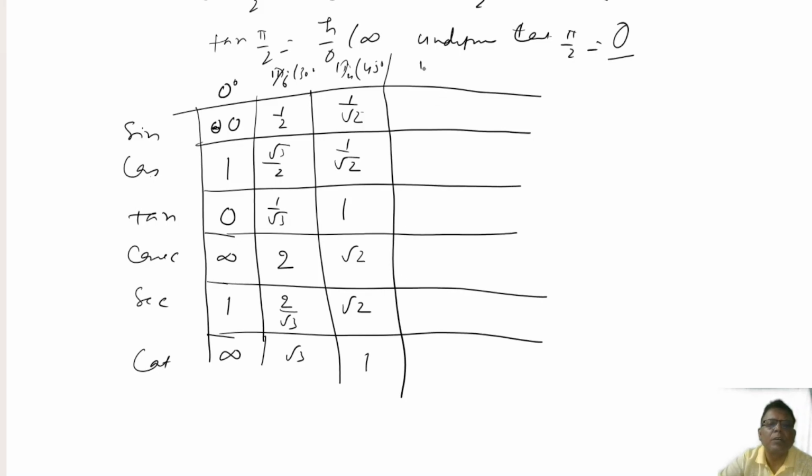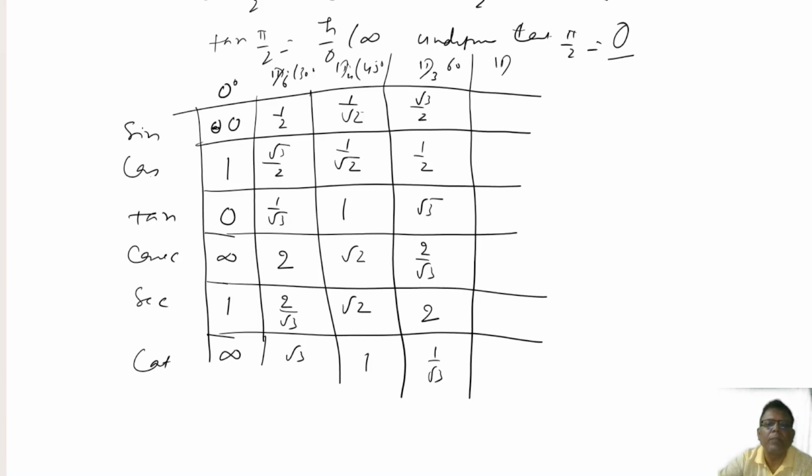Now come to pi by 3, that is 60 degree. So for 60 degree: root 3 by 2, this is half, this is root 3, cosec becomes 2 by root 3, sec becomes 2, and cot becomes 1 by root 3.